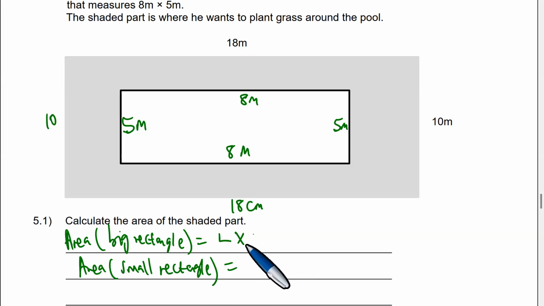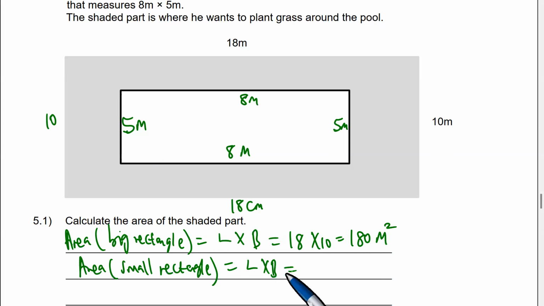The formula says length by breadth. Also for the small rectangle, length by breadth. What is the length of the big rectangle? The length is 18 by 10. What is 18 by 10? It's 180 square meters.